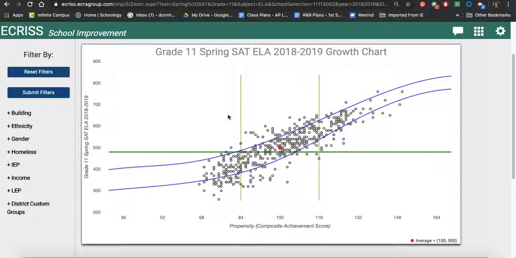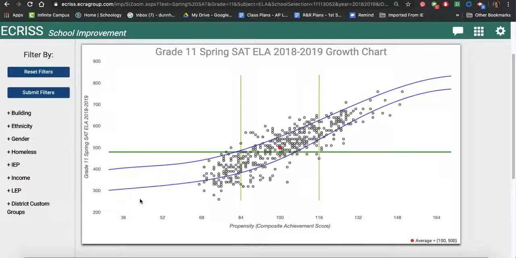The idea in this ECRA school improvement approach is that this right here is referred to as the river of improvement. It's basically taking student scores, where they are projected to score and where they actually score, and puts them on this chart that shows their achievement score, the propensity, basically how they are predicted to do and how they do in relationship to all of their previous tests in the SAT suite of assessments.